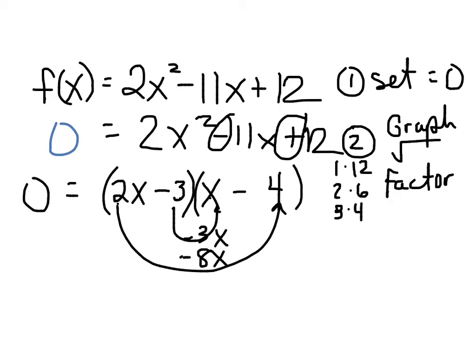What's negative 3x minus 8x? Negative 11x. Is that what was in the middle? Yeah. So that means we factored it right. Good job for me trying the first group and it worked. Yay. Okay. If it doesn't work, that's where you turn your pencil over to the eraser side of it, erase it, and try a different order and see if that helps. But it did work. So then what's our third step, do you think?